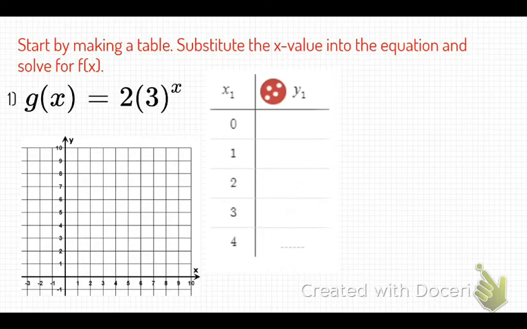And I always like to start with 0 for exponential. And you're going to substitute the x value into the equation and then solve. Okay, so I'll let you write down that table real quick and your function. You don't have to write the graph down quite yet. We'll write it when we're graphing.